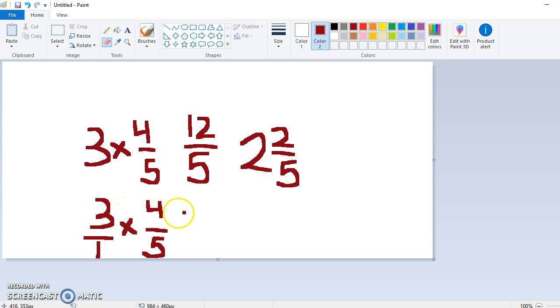So 3 times 4 equals 12, and then 5 times 1 equals 5. So I get the same thing that I got above here, and so I would get 2 and 2/5 again.